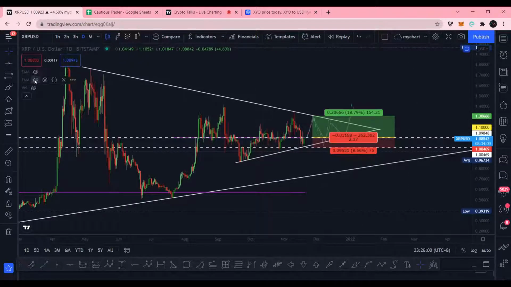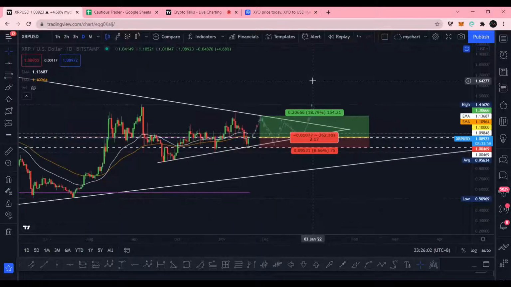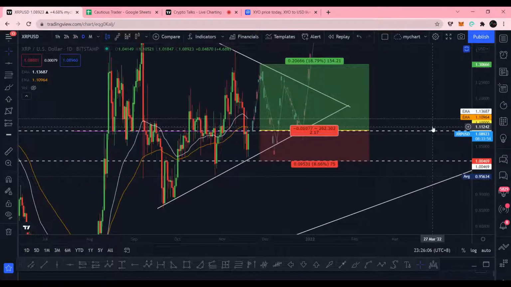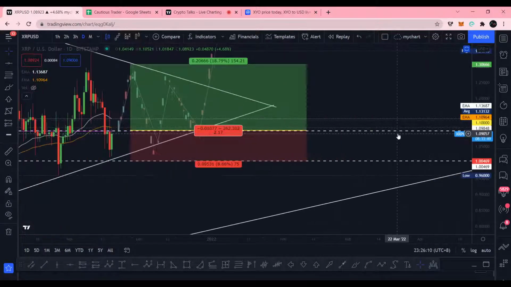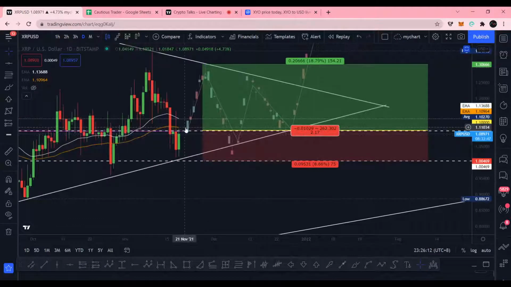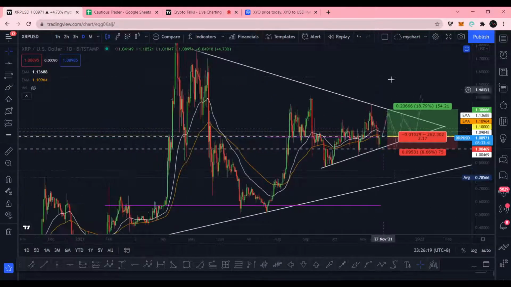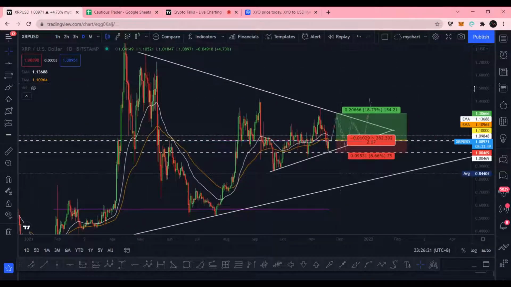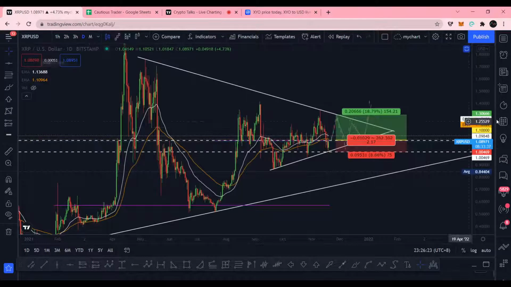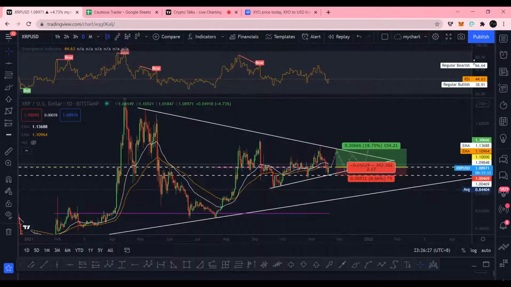But anyway, let's add the EMAs. It did not even hit the EMA 60. So on that note, yeah, sometimes using a lot of indicators might really complicate things.